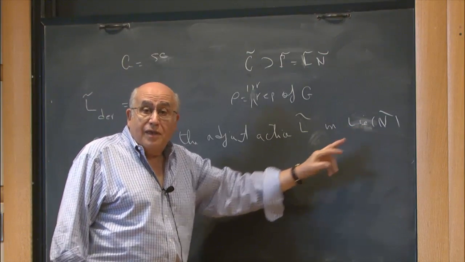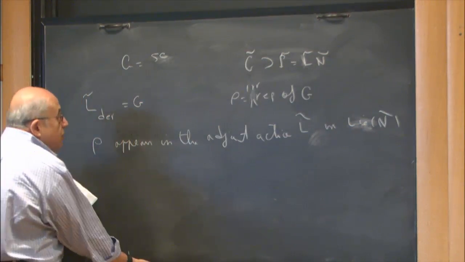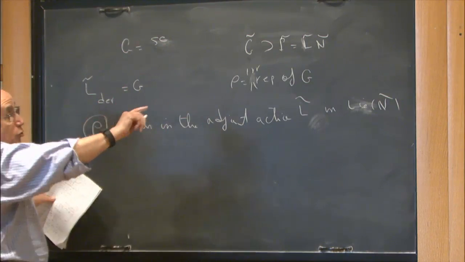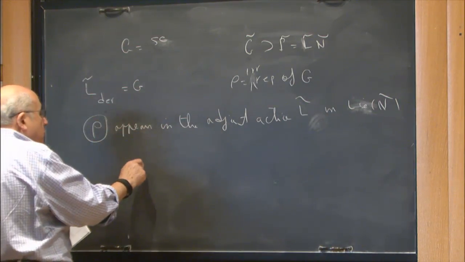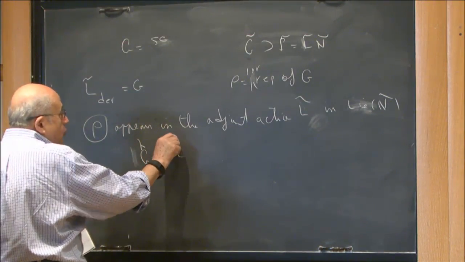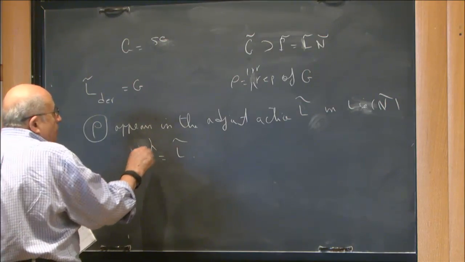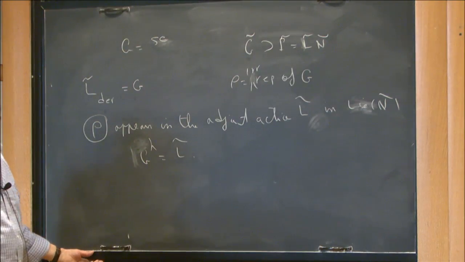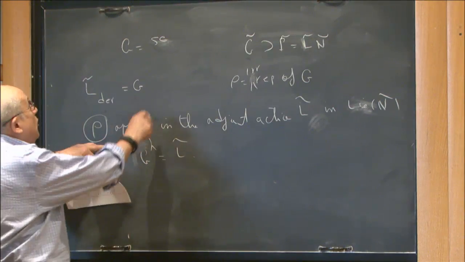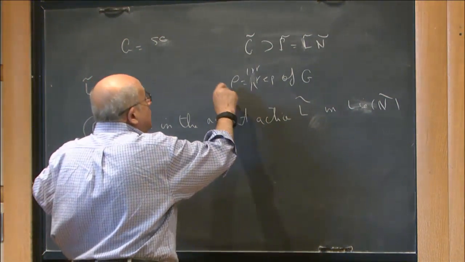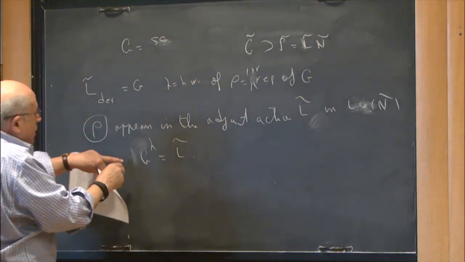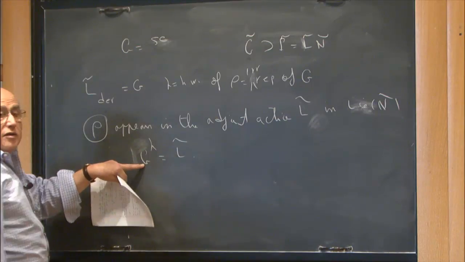And you can show that with this construction, if you compute G lambda, where lambda is the highest weight of this rho, then the group attached to that is exactly equal to L tilde.